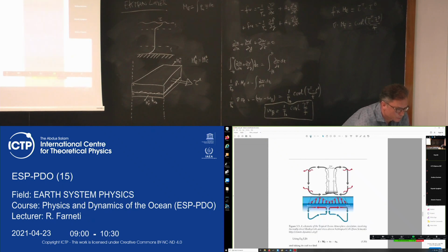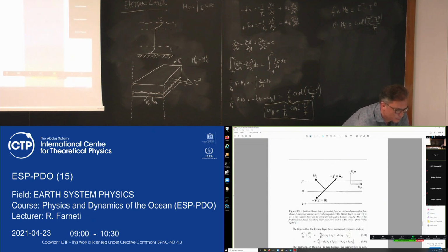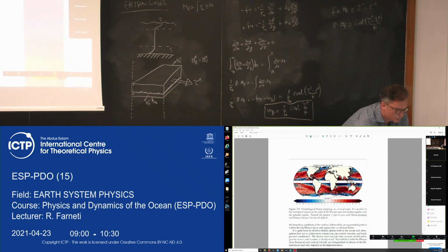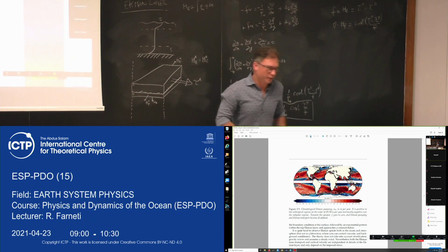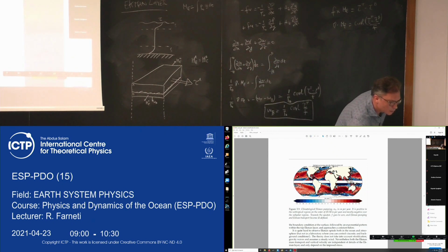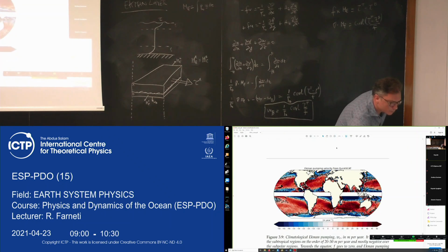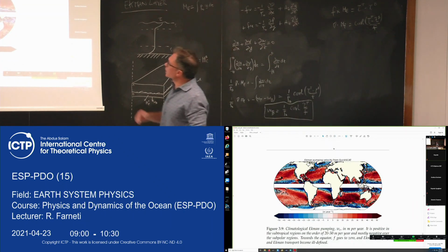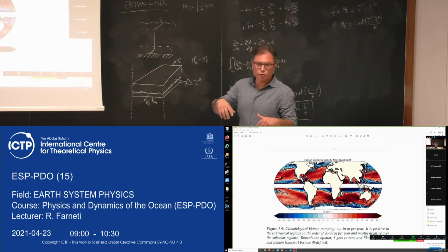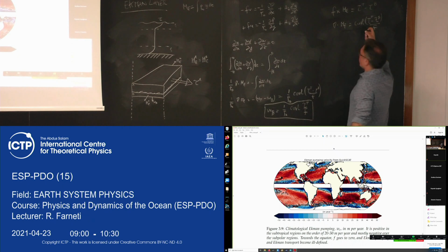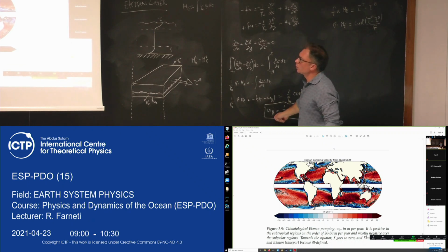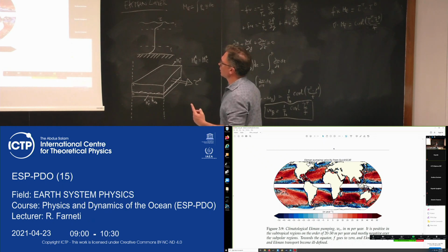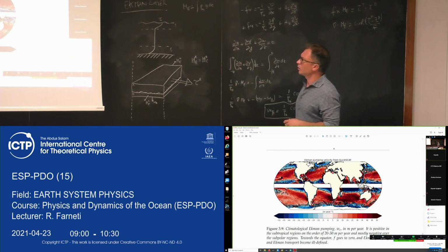And I can actually show you my very nice plot. So this is Ekman pumping from observations, so from a satellite, QuikSCAT. You take the wind, you compute the wind stress, you compute the wind stress curl, like this, okay? You compute the wind stress curl from the winds, and then you simply calculate the vertical velocity associated with the Ekman vertical velocity.